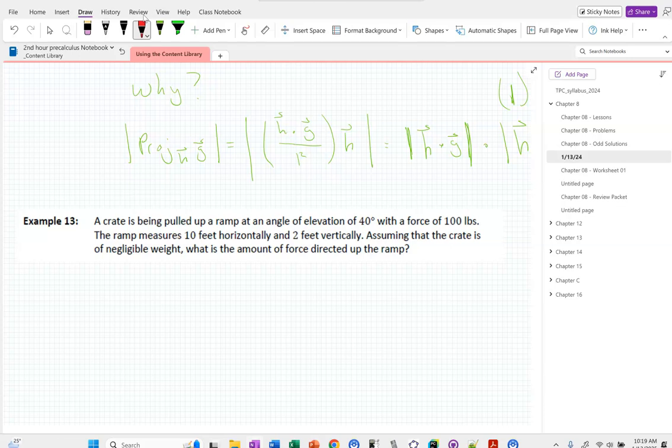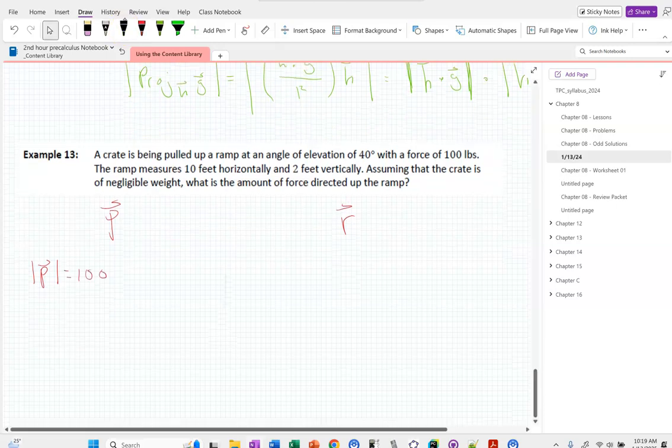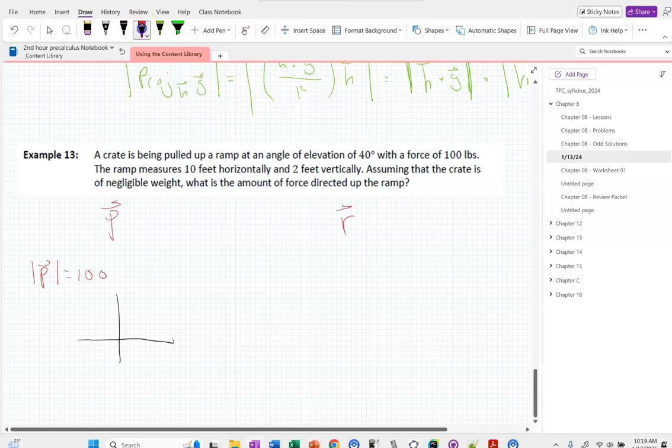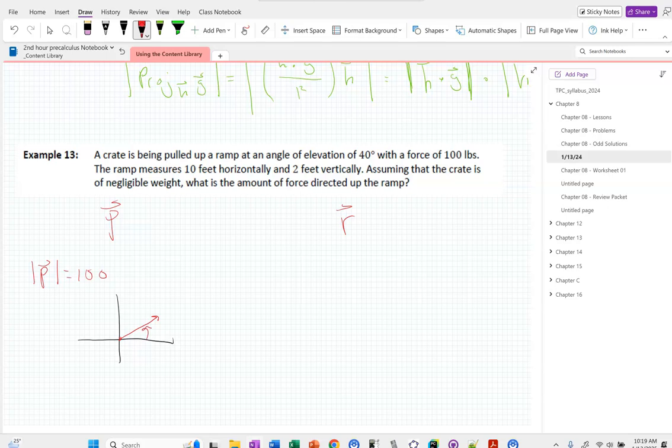So when I read this, I see 2 vectors. I have the pull vector and the ramp vector. Everybody's okay with that? So the pull vector, I think pretty clearly the magnitude is going to be 100. And if I think about the picture of what we're doing, we're pulling it up a ramp.